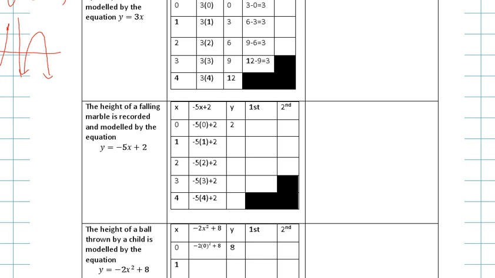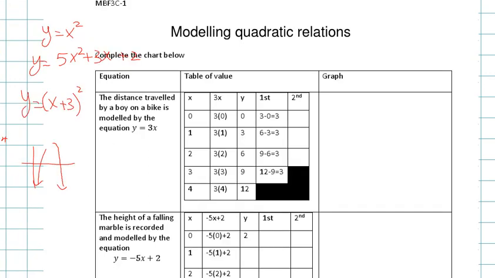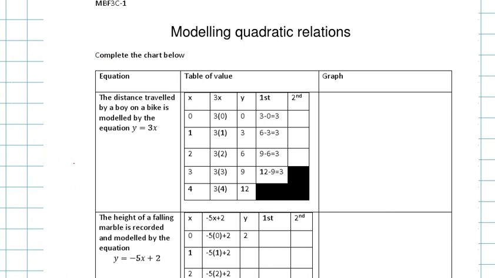Okay. Now we're going to use the notes booklet to fill out the notes. Alright, so complete the chart below and then graph. The distance traveled by a boy on a bike is modeled by the equation y equals 3x.